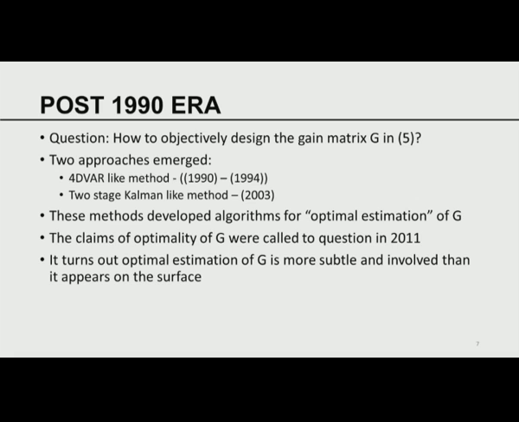So now I am going to talk about the post 1990 era. What is the question? Before 90, people were heuristically designing values of the gain matrix G to force the model state towards the observation so as to reduce the error. The only consideration they used was based on relaxation time, and that is all. But in many cases it worked very well.